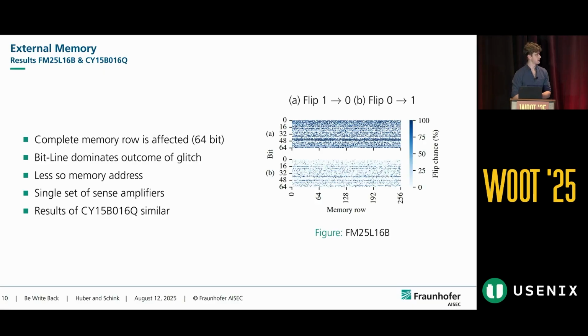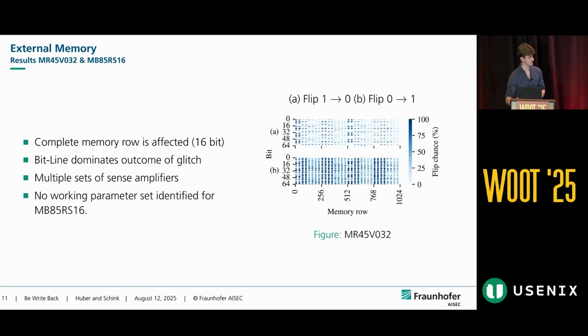Now for the second external memory, the CY15, the results look really similar, so I will skip this one and go straight to the third one we tested, the MR45. Again, here the complete memory row is affected if you glitch a single byte. The physical memory row for this memory is 16 bits wide.